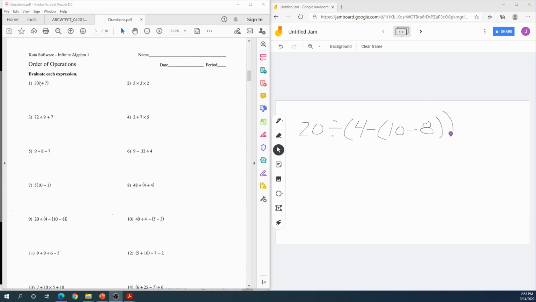So we'll start with our inside parentheses first. 10 minus 8 is equal to 2. Then we'll do the next set of parentheses. 4 minus 2 is equal to 2. So we get 20 divided by 2, which is equal to 10.